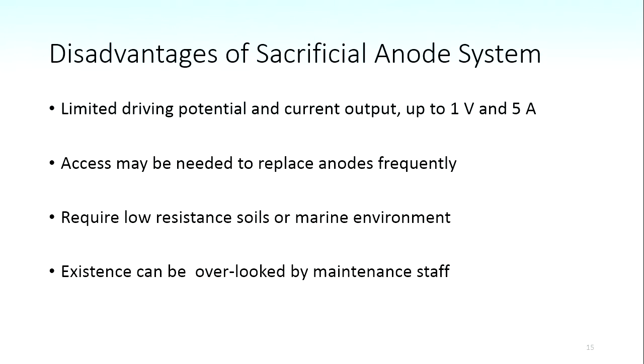It's just a bit more apparent there's a system there. And so when somebody's coming in to look at their other pipe, which might be crossing yours, occasionally people do odd things and ruin your system while they're working on theirs. So it's not quite so apparent, it's more discrete than the impressed current system.